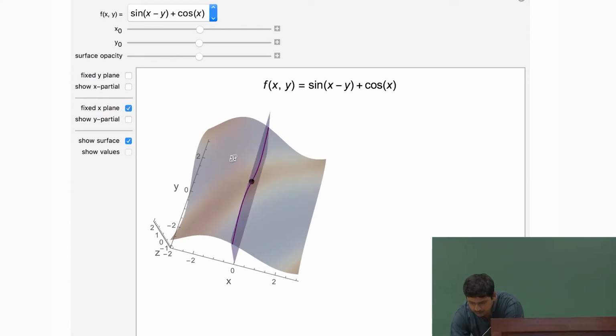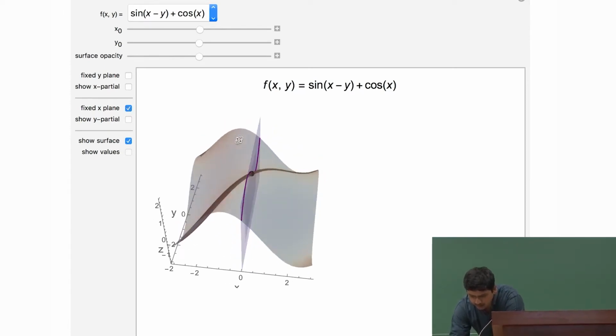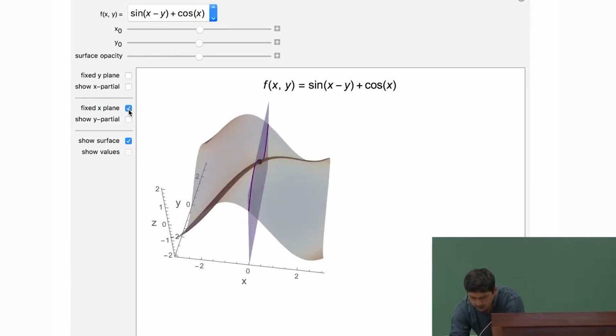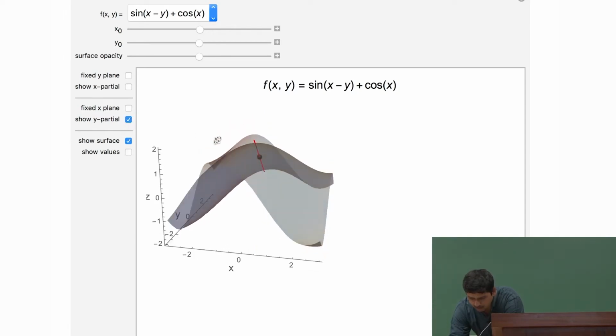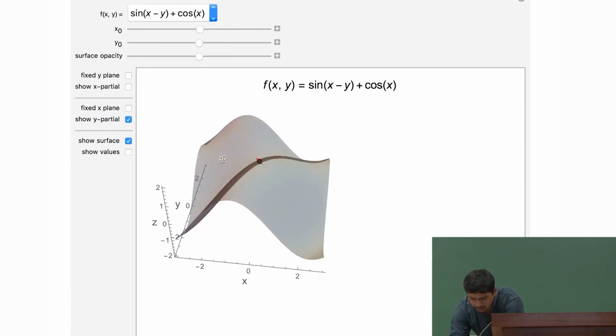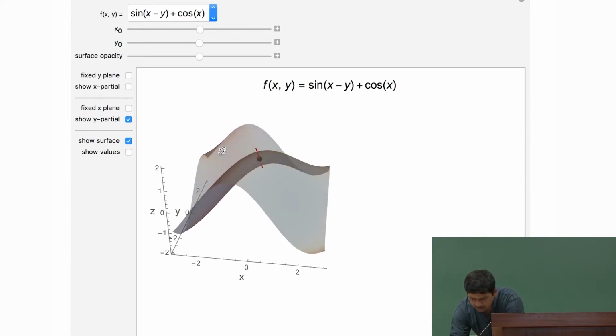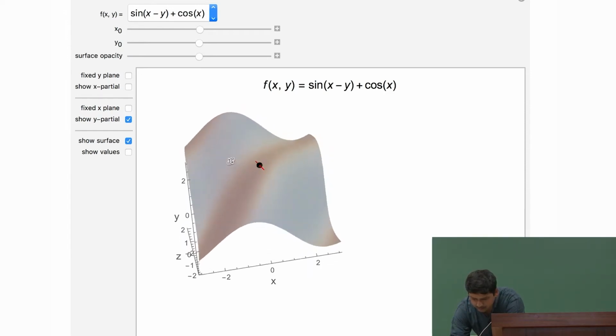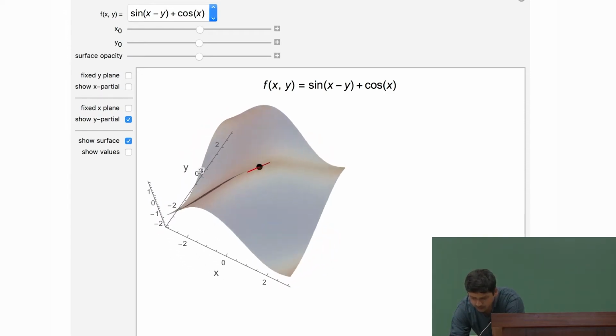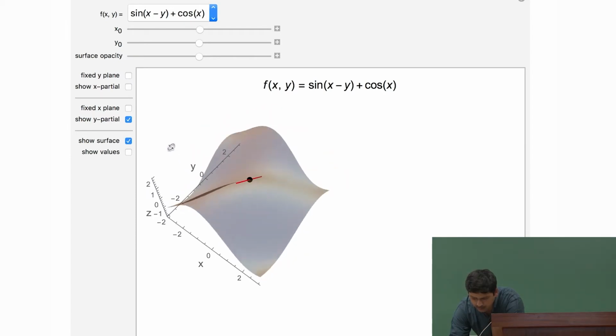So, this is one plane which is fixed along x, this is a plane fixed along y, and now you see that this is the partial derivative along y. Can you observe that? And I can show you the partial derivative along x at that point.